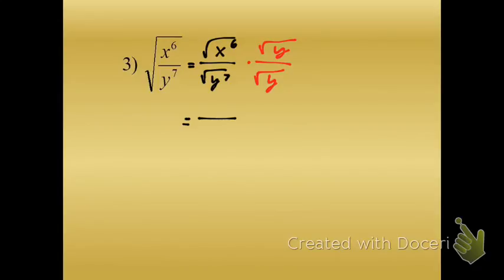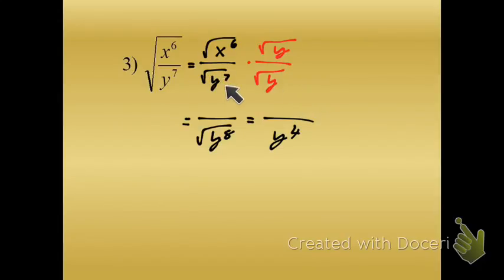It makes the square root of y to the 7th become the square root of y to the 8th. I'm going to go ahead and simplify my denominator just a little bit, which will give you y to the 4th. Okay, so that's why you multiply it by the square root of y. If you multiply by the square root of y to the 7th, you'll get y to the 14th, but then you'll also have cancellations to do up in your numerator.